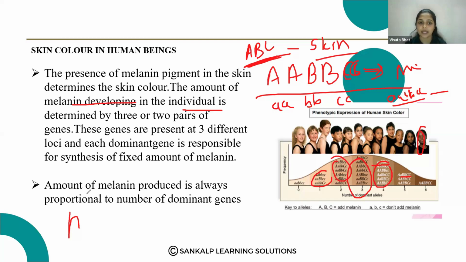The amount of melanin produced is always proportional to the number of dominant genes. So if dominant genes are more, melanin production is more. The recessive genes produce lighter skin color. This is a very good example for polygenic inheritance.